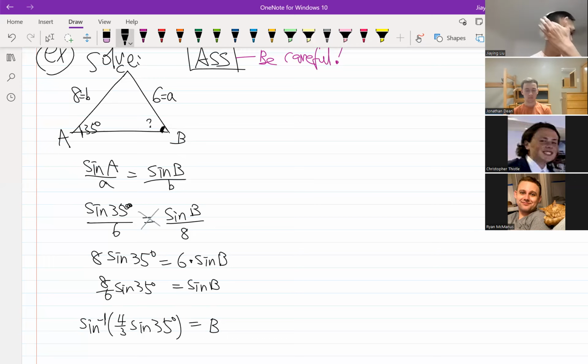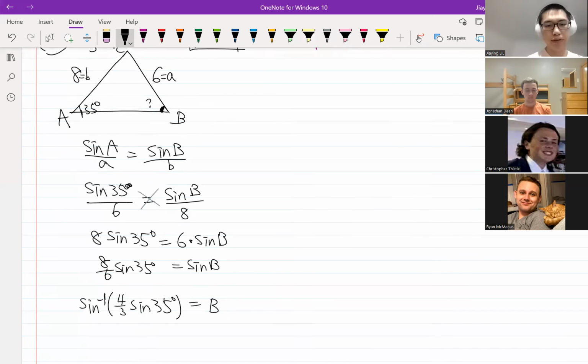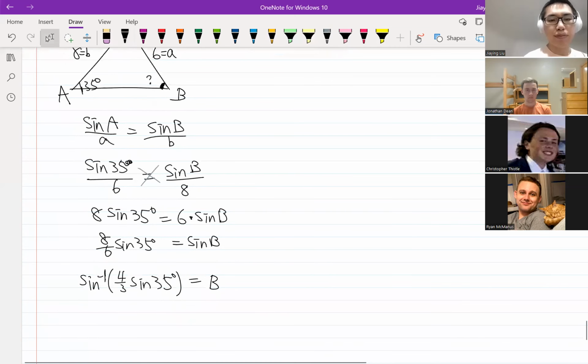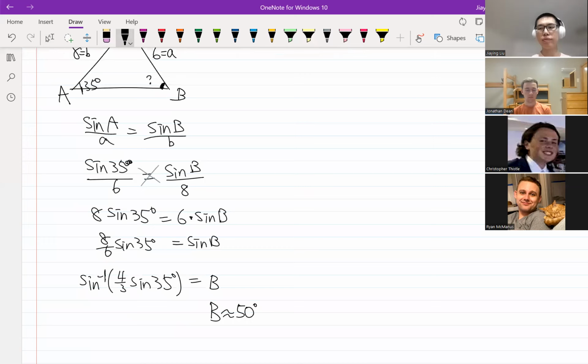Okay, looks like all good, right? If we put this into the calculator, B is about equal to 49.9. I'm just going to round it to 50 degrees. But is that the correct answer? Well, it could be, but we don't know yet. This is where you have to be very careful.